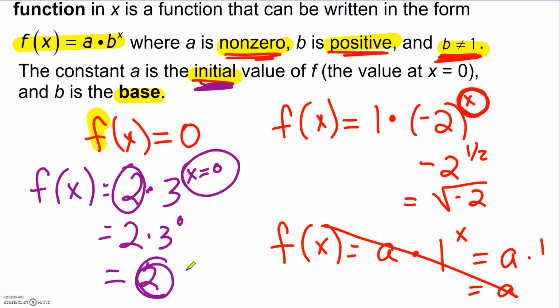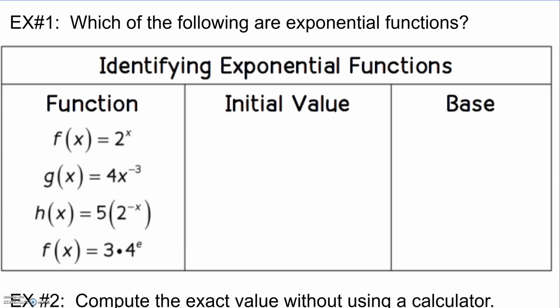Okay, so that gives us our basics as far as what an exponential function is. Let's go on to the next page here. There we go. Now identify which ones of these are actually exponential functions. So the first one we have is f of x equals 2 to the x. This one is an exponential function.